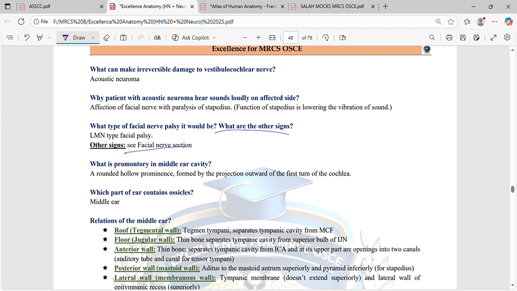One is hearing loud sounds, and the patient is unable to frown, has weakness of eye closure, and dropping of the angle of the mouth.